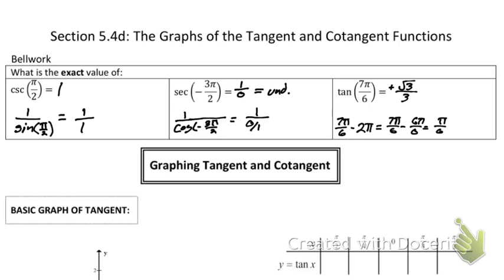Yeah? Why would it be 6 pi over 6? 7 pi over 6 minus 6 pi over 6. Oh, I'm sorry. I did it wrong. I was just going through that too quick. You are 100% correct. I should have done 7 pi over 6 minus pi.